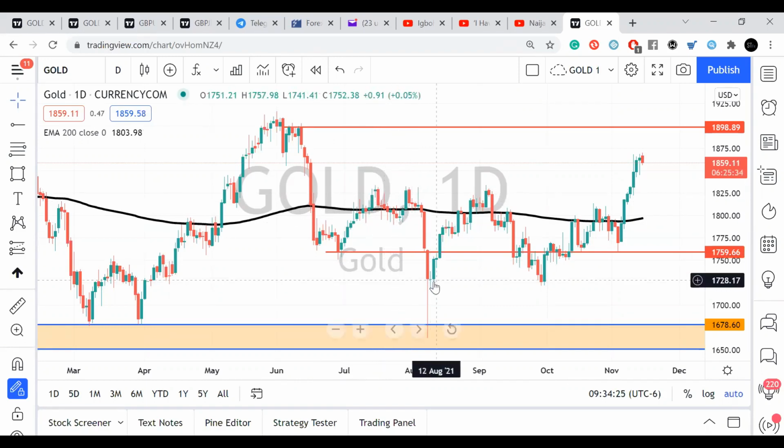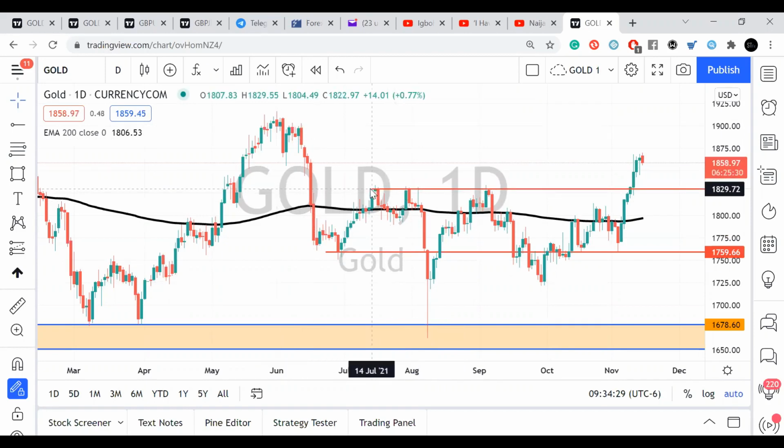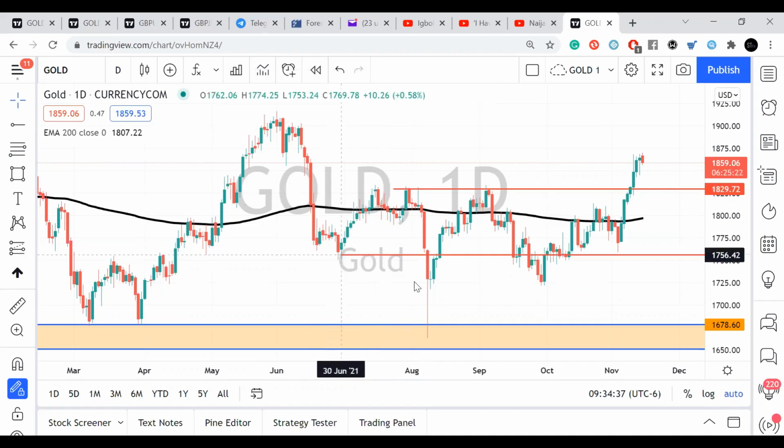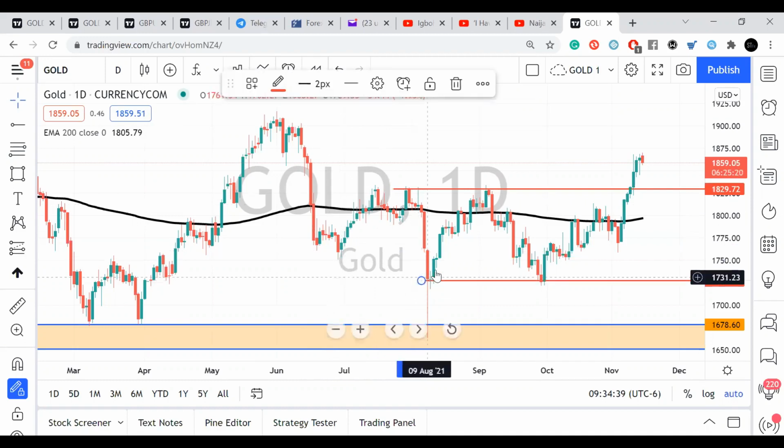Then we had a breakout here. So this place now becomes, I can use this one, our high on this continuation to the downside. Then this, where we had these 2 candles to the upside, this one and this one becomes our low.